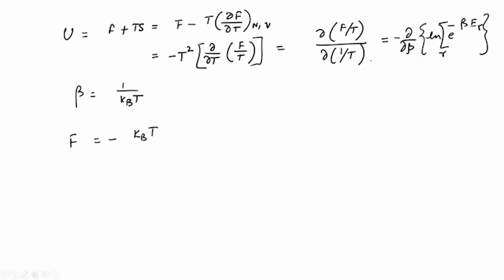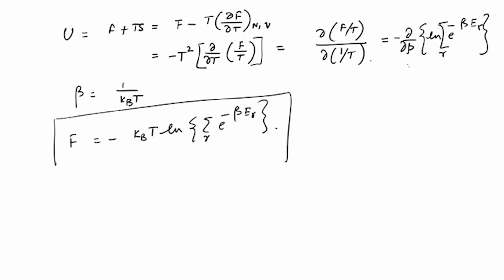You can compare these two equations. It is easy to see that this is equal to the log of the sum over R of e to the power minus beta ER, and this is a very important expression in the canonical distribution.